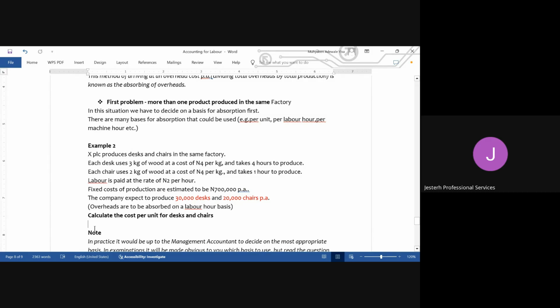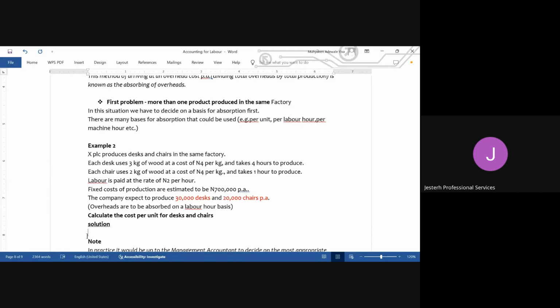Now, let's proceed. Solution. When you see this kind of question in the exam, the first thing you need to do, now that the basis of absorbing this overhead is labor, is ask how many labor hours we are going to spend in producing these total productions, both the desk as well as the chair.